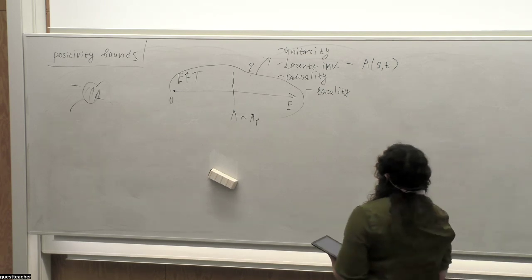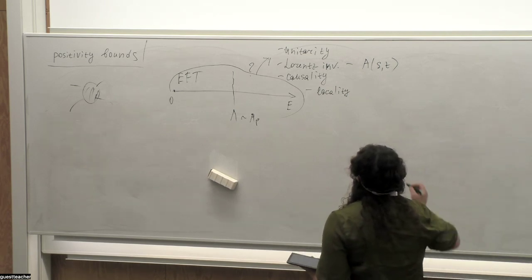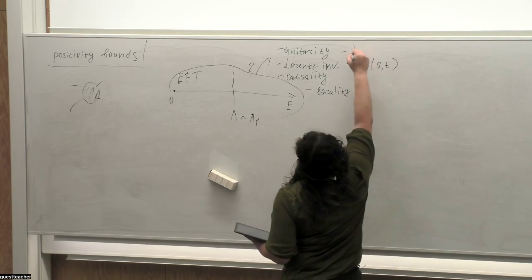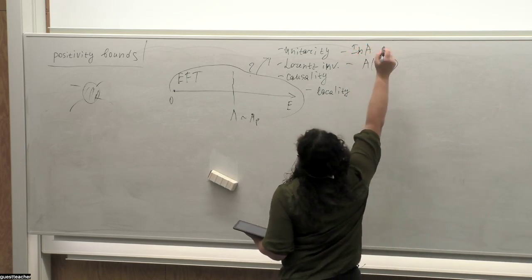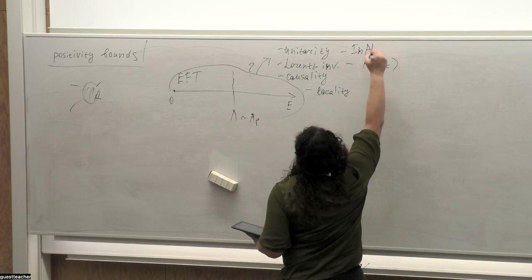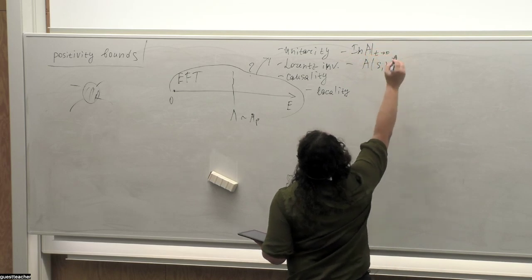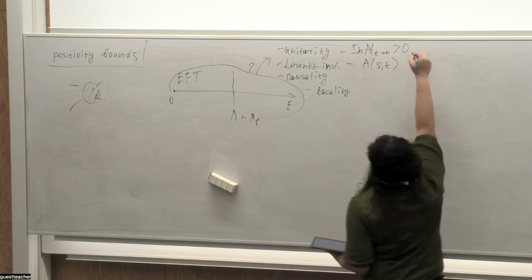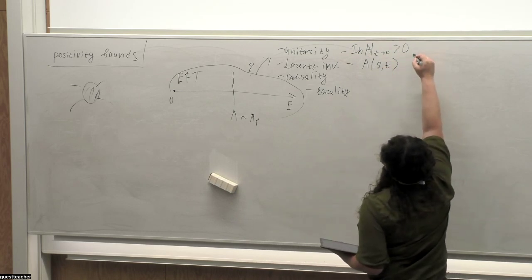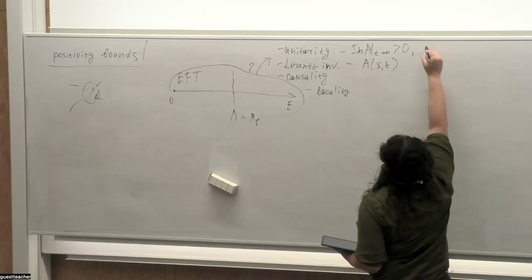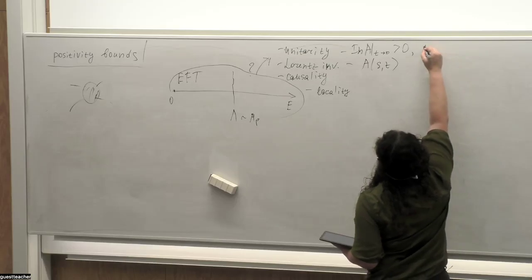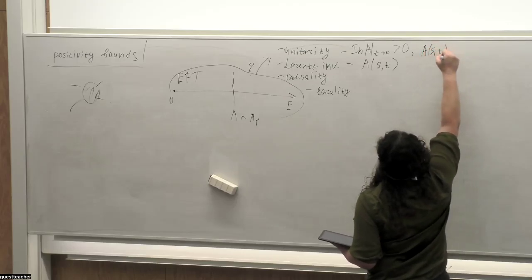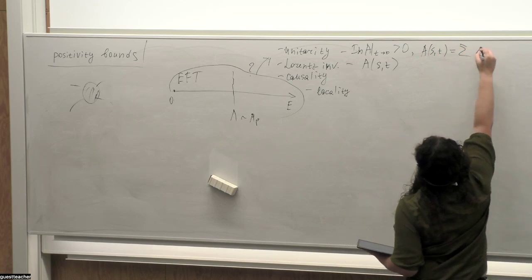Unitarity of amplitudes implies that at least the imaginary part of this amplitude, when t goes to 0, is positive. But more precisely, you have the partial wave expansion. I write it schematically.